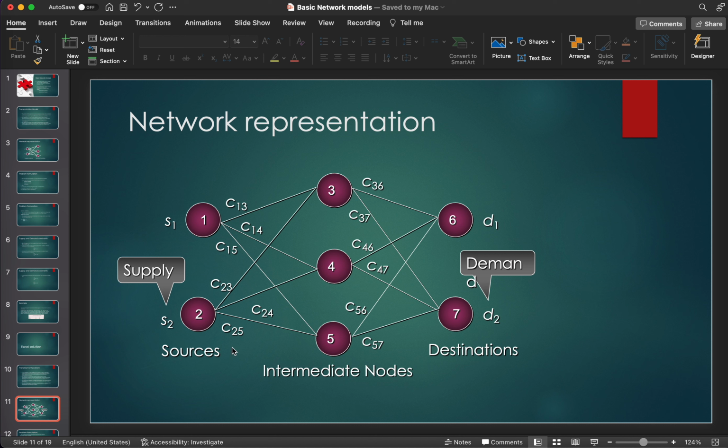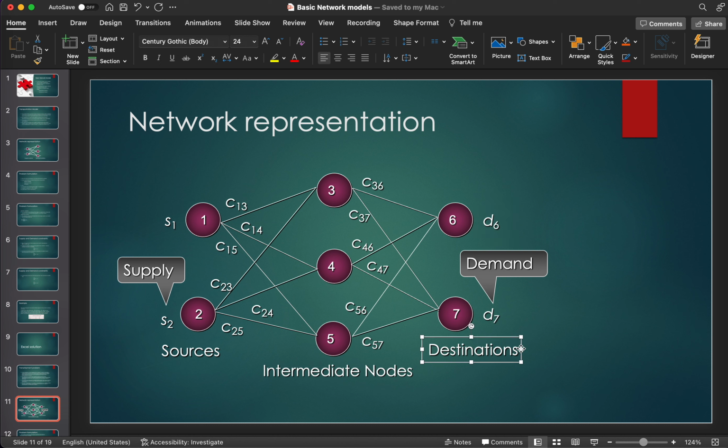And this is what a transshipment network looks like. So you have supply locations, you have demand locations, two supply locations S1 and S2, two demand locations D1 and, let's say D6 and D7, just to be consistent, right?